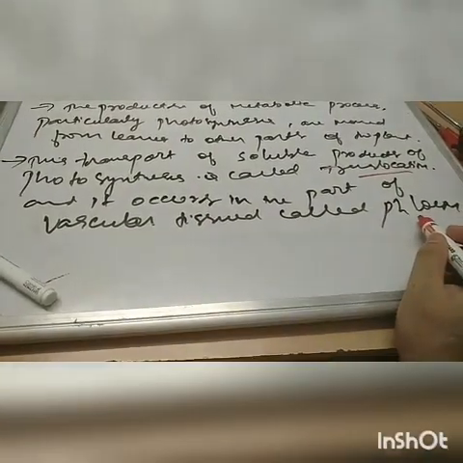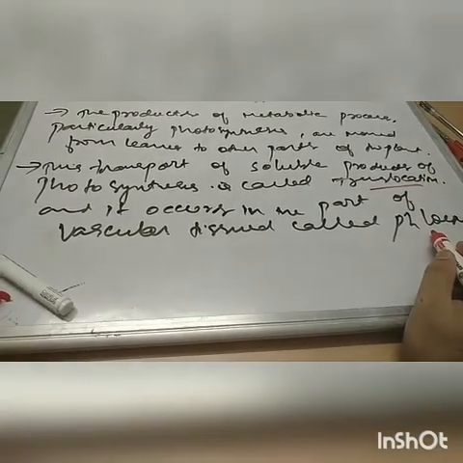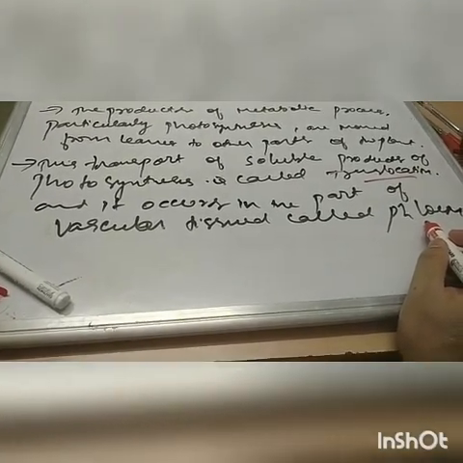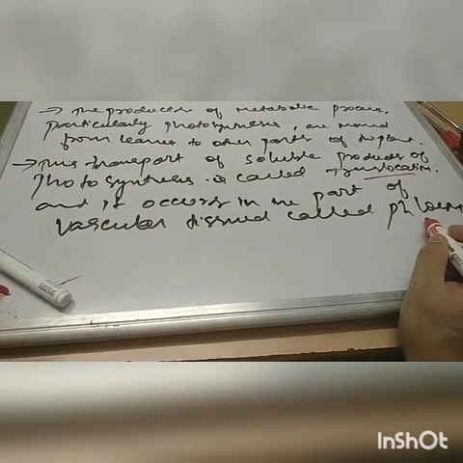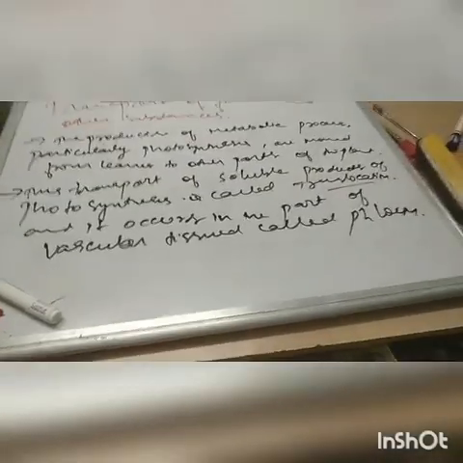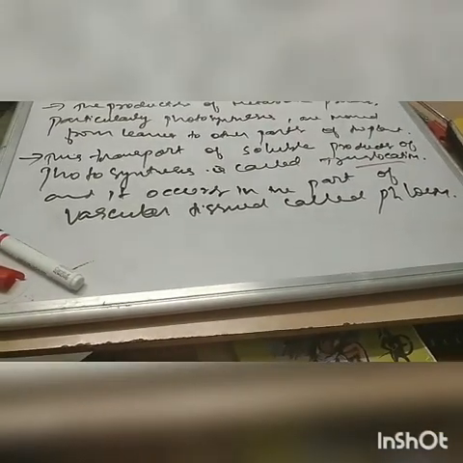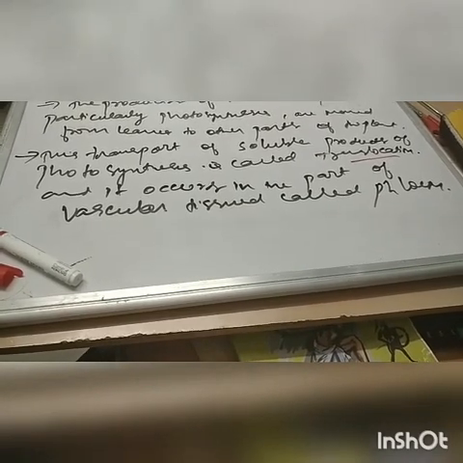Alright, and I've told you earlier that the transport of food takes place in vascular tissue called phloem. You remember that in xylem, transport of water takes place, isn't it? And there is a process of transpiration, right? Transpiration takes place during the transport of water.